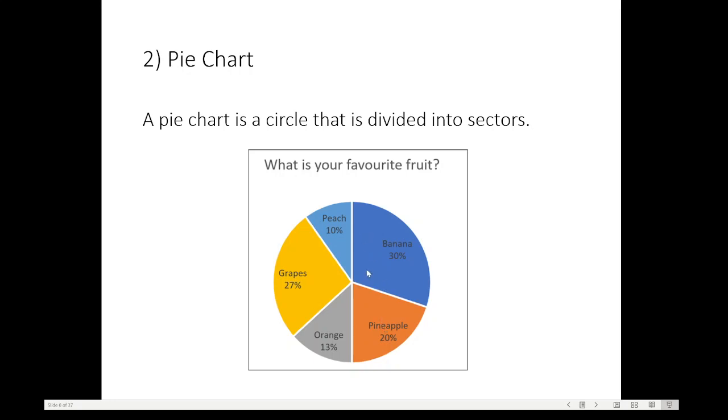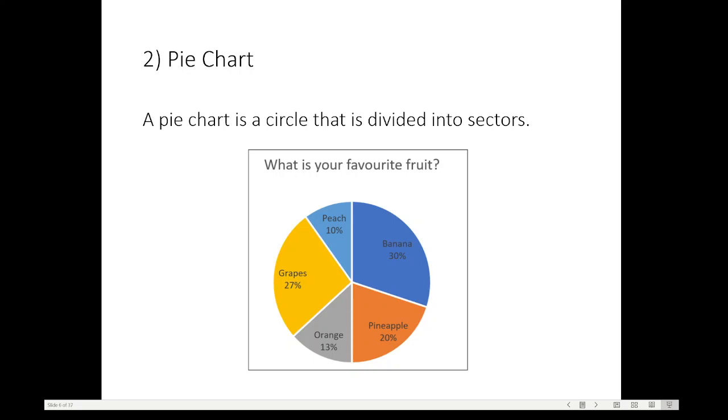Okay, and in this situation, if you look here also, we didn't write the angle values in the pie chart. We only draw the pie chart and then estimate the size of the sectors based on our calculation, and then we just put the attribute or the category and its value in terms of percentage.